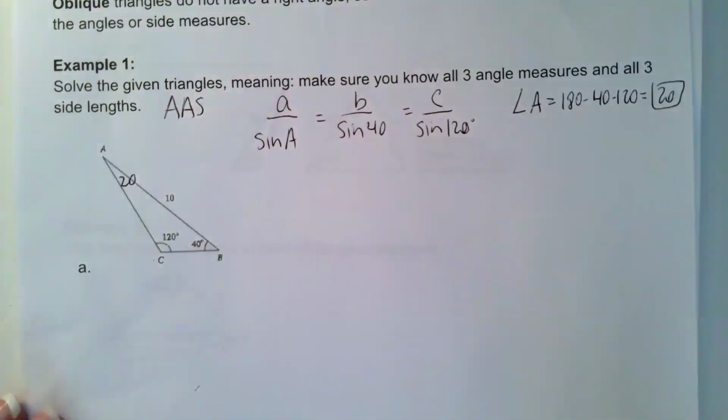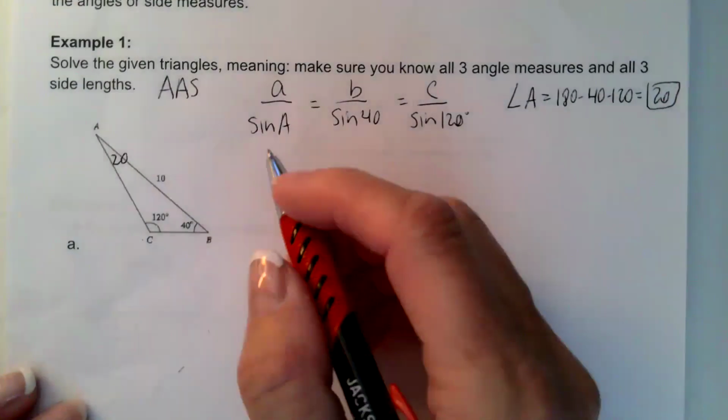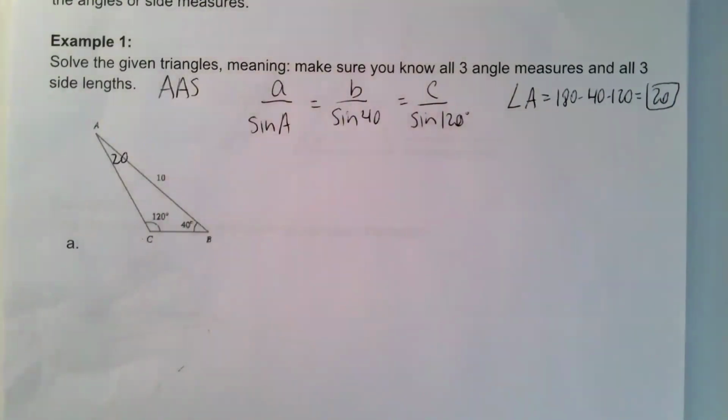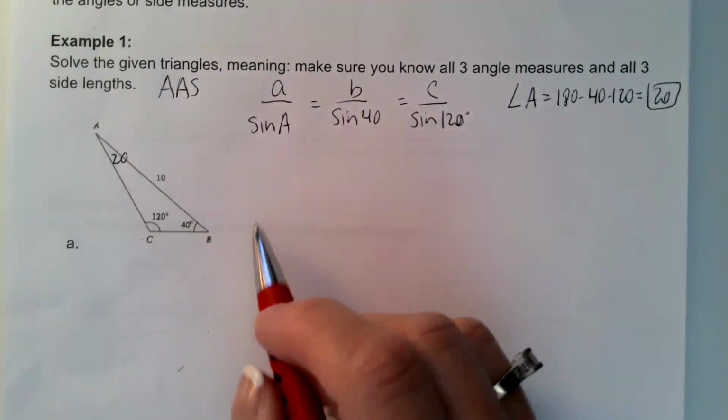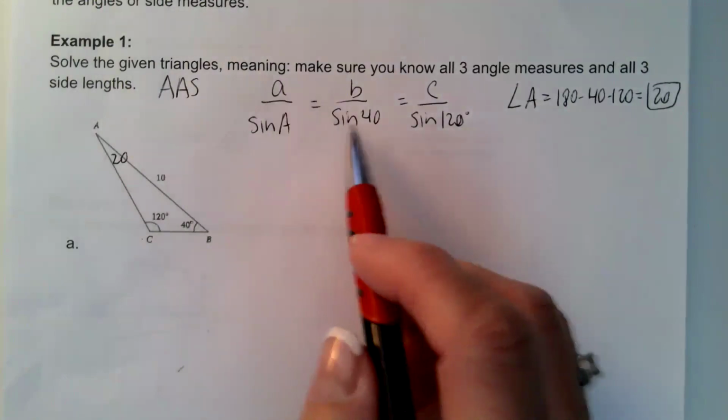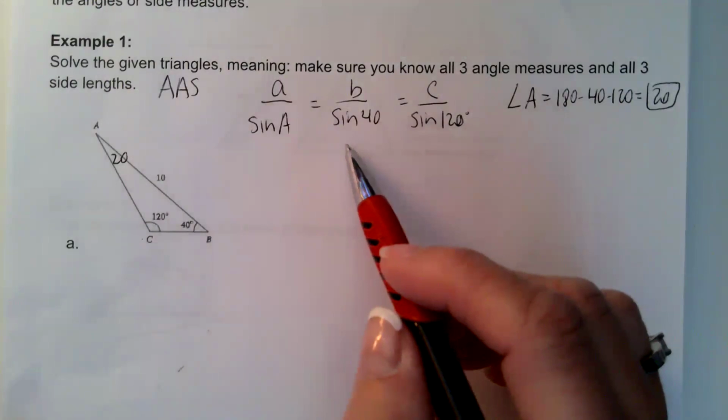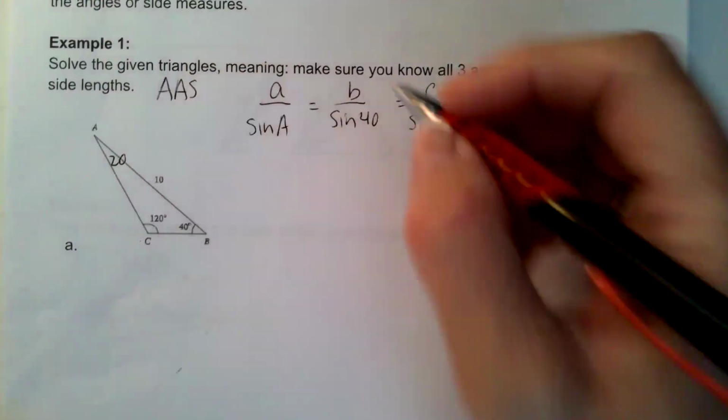So that's 20. So now we just need to find the sides A and B. So using our proportions and ratios, wait, we know this one.